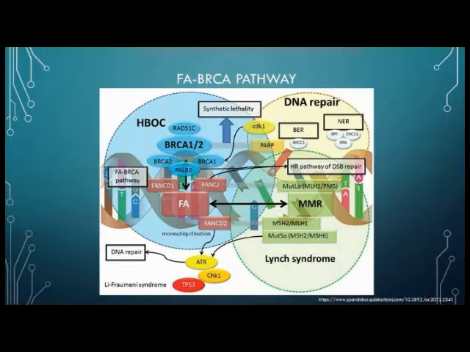But this whole pathway is called the FA-BRCA pathway, so you might hear that sometimes when people are talking, especially about BRCA and BRIP1 and some of the breast cancer genes that aren't associated with ours, but they tend to come in that pathway a lot.